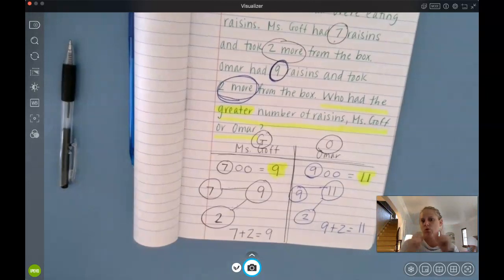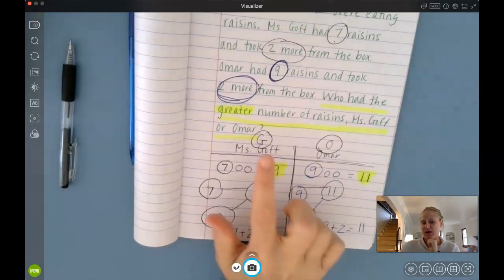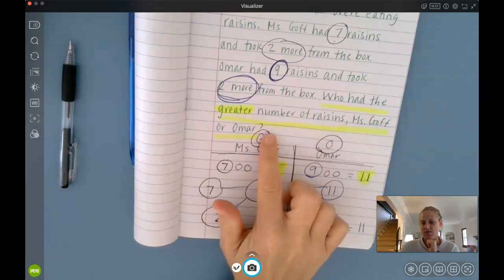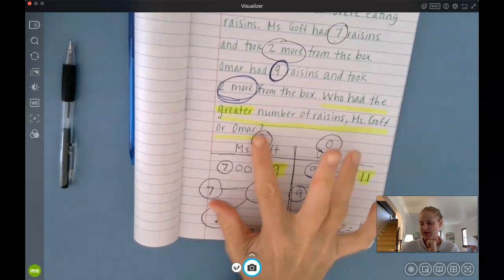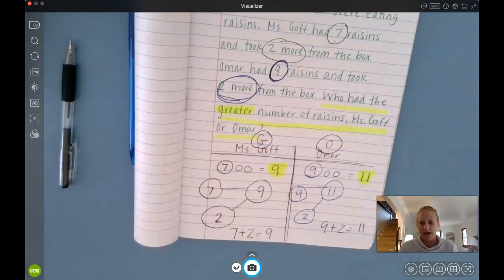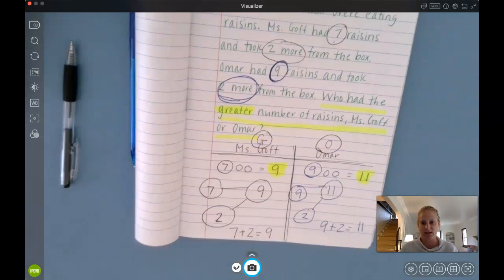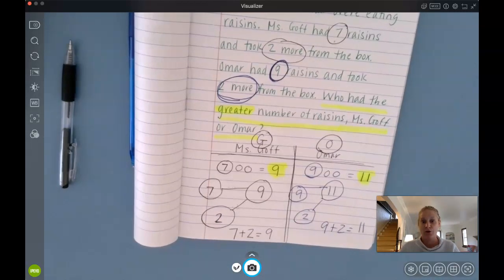Raise your hand when you know who had the greater number. I'm going to wait for lots of hands here. I want you to put a big smiley face on your picture, either by Miss Goff, if she had the greater number, or Omar, if he had the greater number. Make a big smiley face up here. Hide it. You have 5 more seconds. Show me.